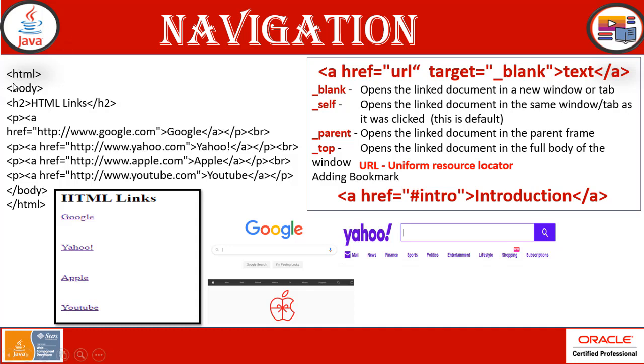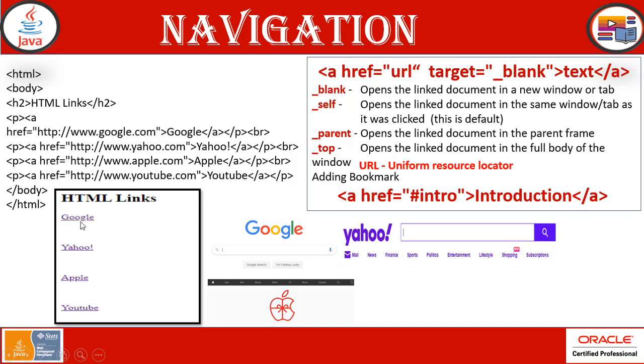Suppose it goes inside the HTML body tag. Inside the body tag, you can have any image or text or any graphics which is linked to that particular page. Suppose I have mentioned a Google text here, as you can see, and this Google text is in between the hyperlink tag, and that tag has a reference of google.com.